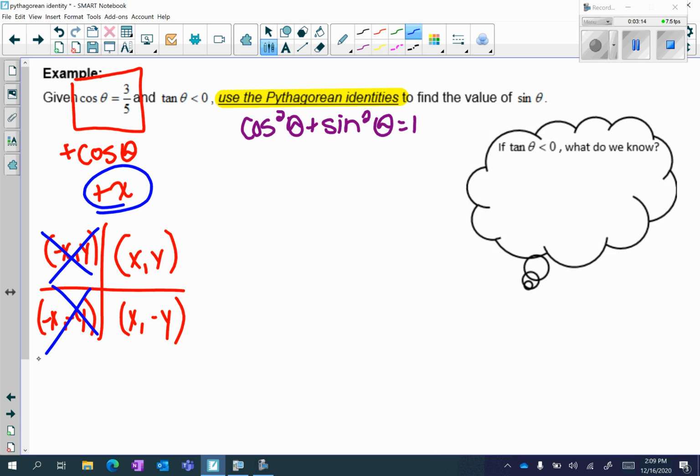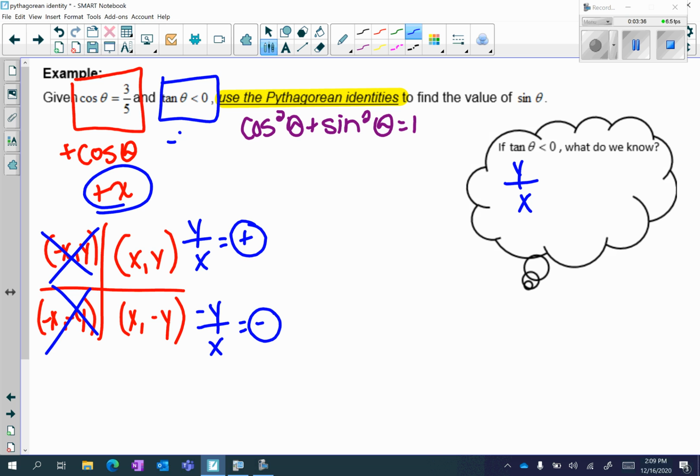Tangent, remember, is y over x. So in quadrant 1, y over x would be a positive, and in quadrant 2, it would be a negative y over x, which would be a negative. They're telling me that tangent theta is less than 0, so that means I need a tangent that's negative.